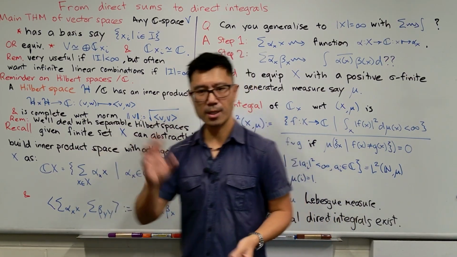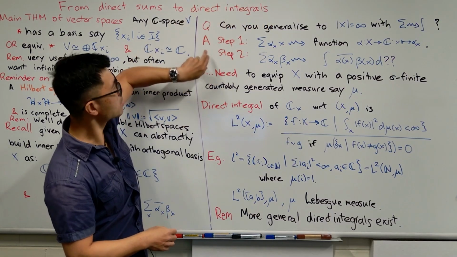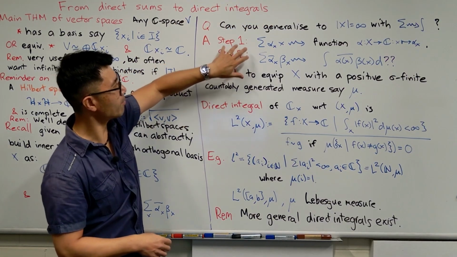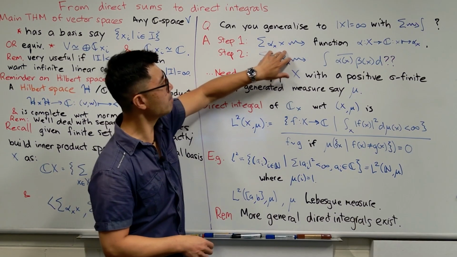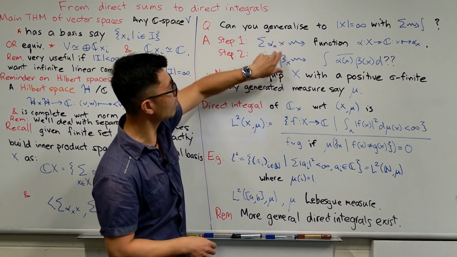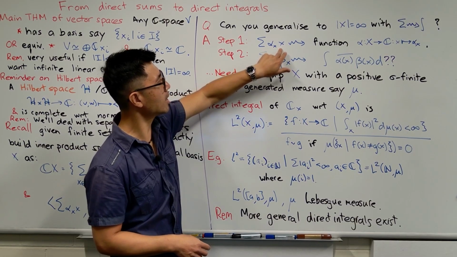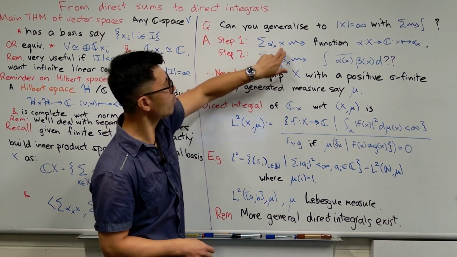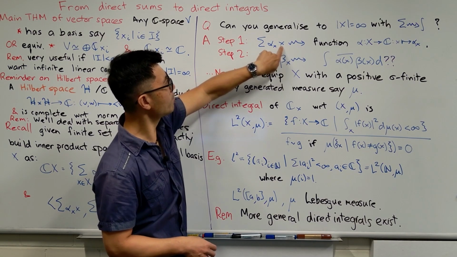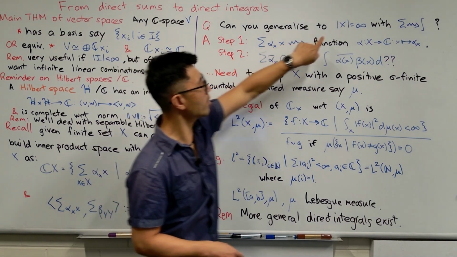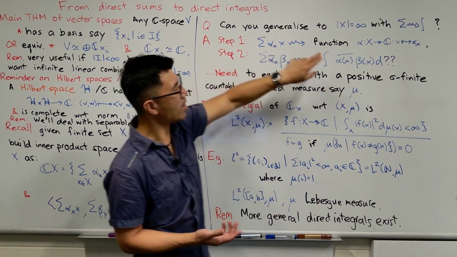So the way we'll do it is in a couple of steps. In the first step is this sum. I won't write it as an integral of this. Instead, if you have an infinite sum, where the little x ranges over an infinite set x, the better way to write this is actually as a function.